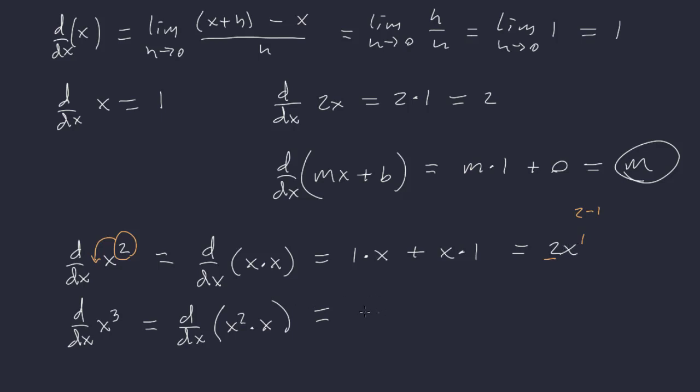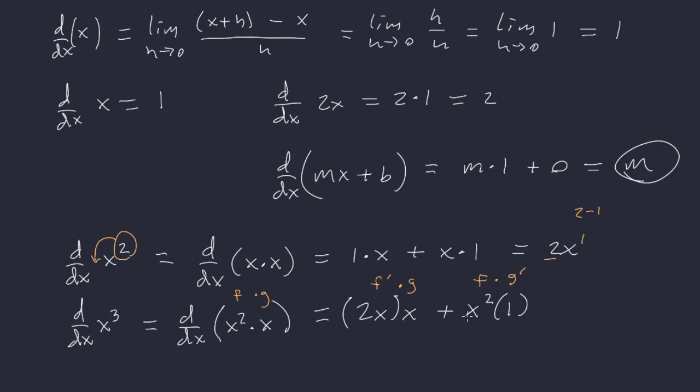The derivative of x squared is 2x, right? Times the second function left alone plus the first function left alone times the derivative of the second function. Right? So you can think of this as f prime times g, then f times g prime, if this is f and this is g.